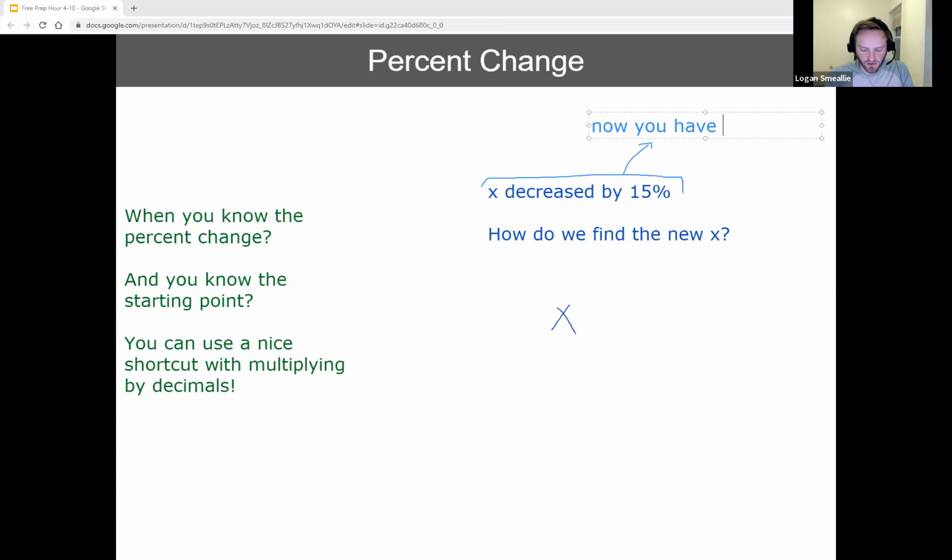Now you have 85% of what you started with. You can see how percent of and percent change are very intimately connected. And I can express this same idea by taking X and multiplying it times 0.85.